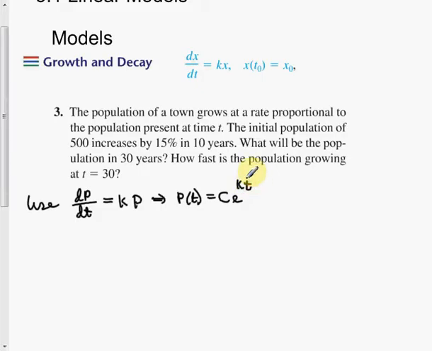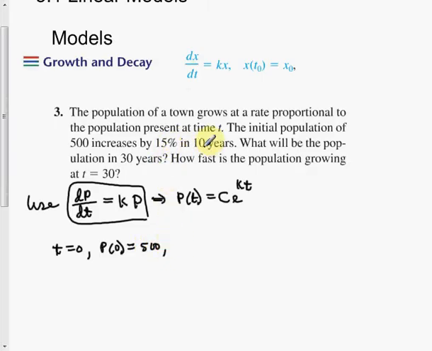Everybody remember how to go from that differential equation to produce this population growth function? This is the initial population. That is, when the time is 0, the population is equal to 500.